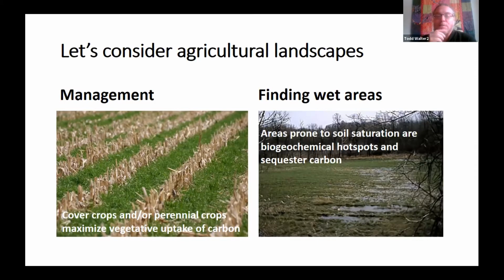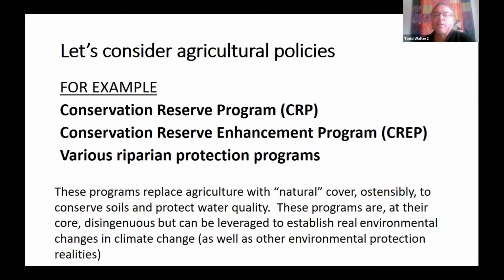Mostly, they just want to be able to show that they're at the forefront of trying to minimize environmental problems. And then these wet areas here in the right-hand picture, there's a wet area in a field not too far from Cornell. Knowing where those areas are can be really important. In fact, that's probably where I'm going to focus my presentation a little bit: can we figure out where those areas are and how can we leverage agricultural policies?